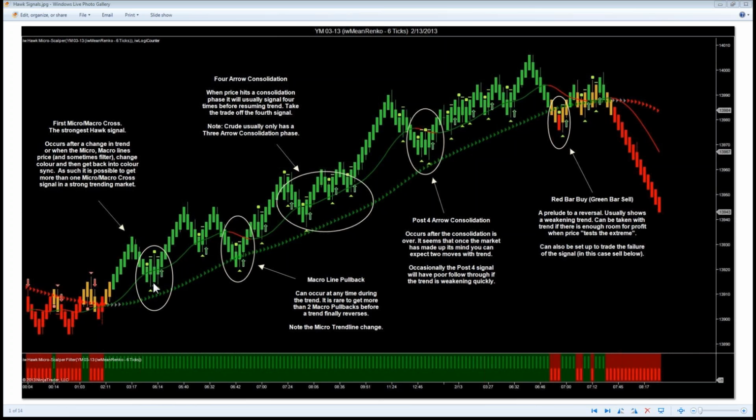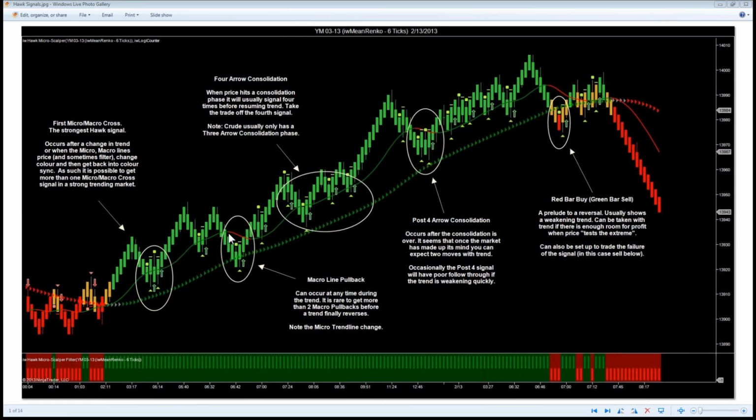So we have green bars, a green signal, green trend lines, green filter. First signal that generates after the micro and macro line cross, that's the one we want to take. Exceptionally high probability signal. No kidding, folks, it has like an 85 to 90% success rate of hitting our high probability profit target.